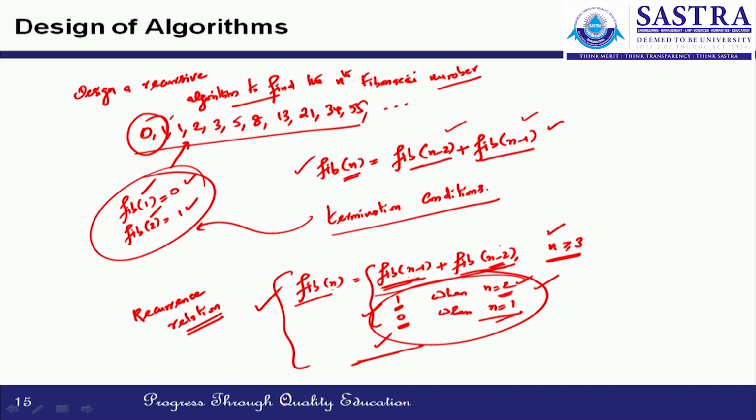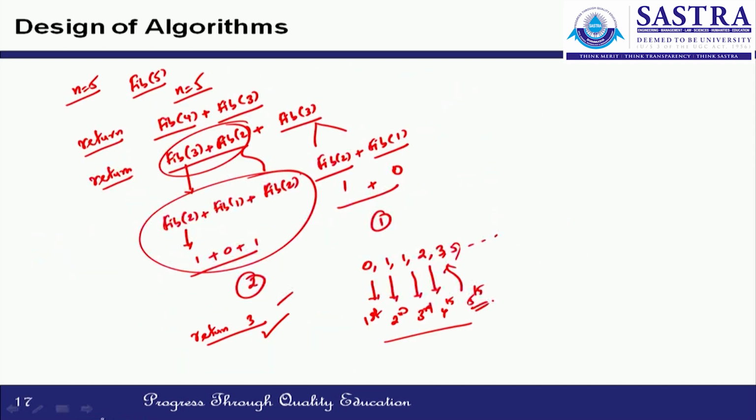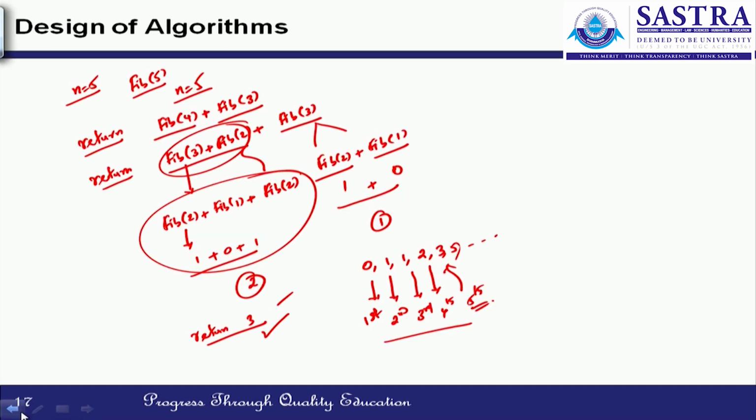So if we apply the substitution method recursively, until the recursion disappears in the right hand side of the equation, finally we have the nth Fibonacci number. Fib of 5 is computed using the recurrence relationship. Finally fib of 5 returns a value 3, the fifth integer in that sequence is 3.